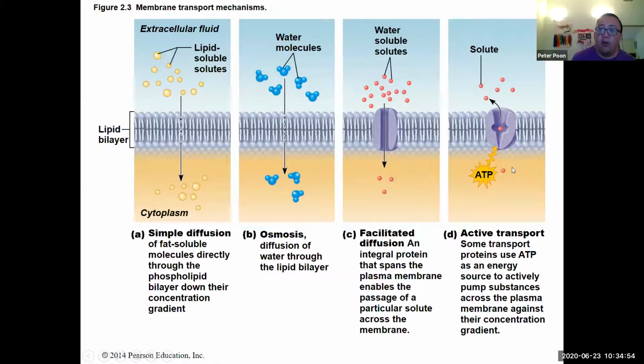So even though there is only one of these here and more of these on the other side, I am willing to use the energy to pump this across to the other side. In active transport, you're actively using energy. These three right here are passive transport. In passive transport, you are not using energy.